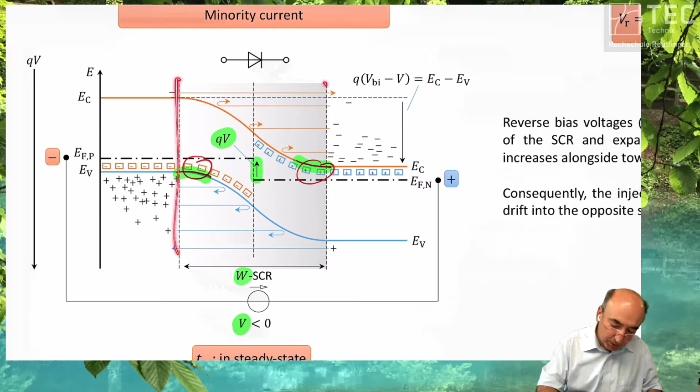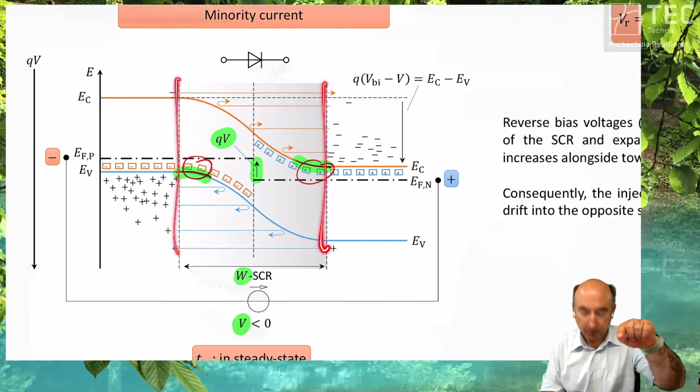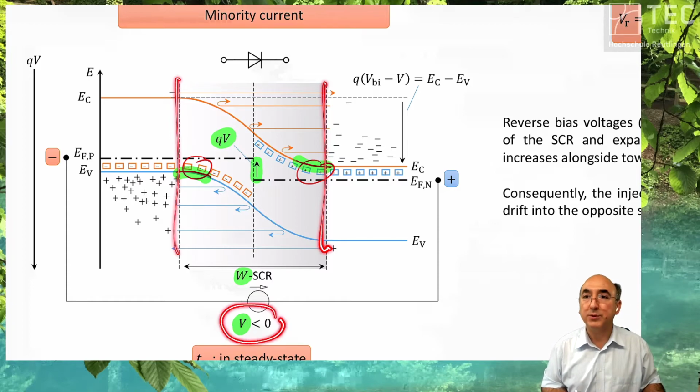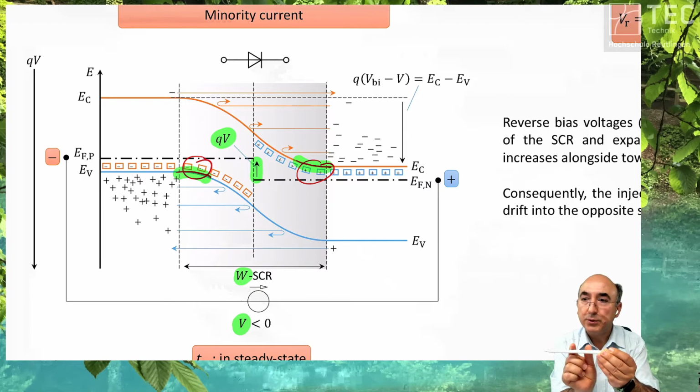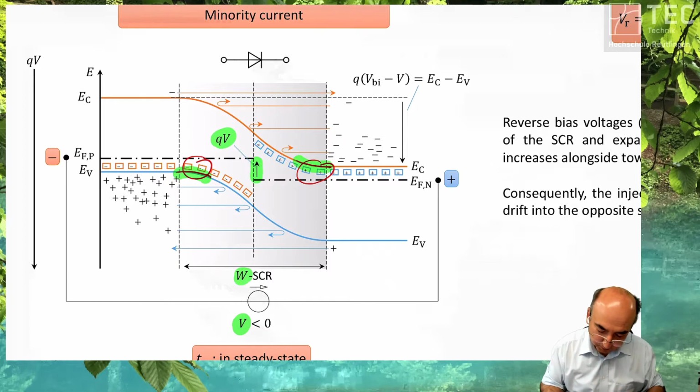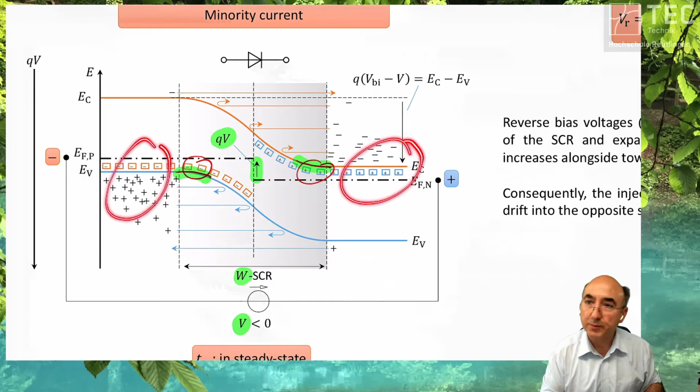So the space charge absorbs your applied voltage. If you take your PN diode and apply a voltage across it, only the space charge absorbs the applied voltage, nothing else. These are neutral.